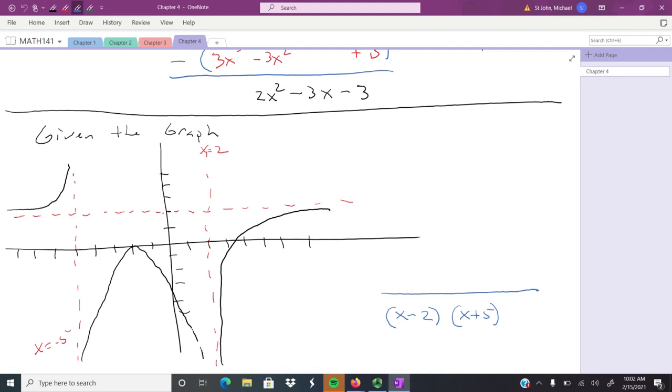And then in terms of crossing my axes, we know that at negative 2 we hit and we bounce back. So this is going to mean we have to have an x plus 2 squared.